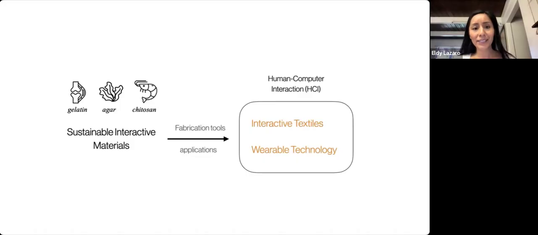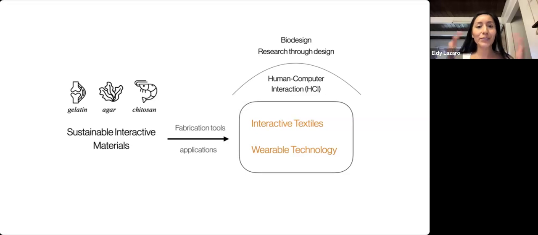And you might think, where does biodesign take place? There is a bigger umbrella that's part of my design practice, and that is using biodesign as a framework for designing with these biomaterials, and also research through design, which is another method that if people are interested, you can take a look.